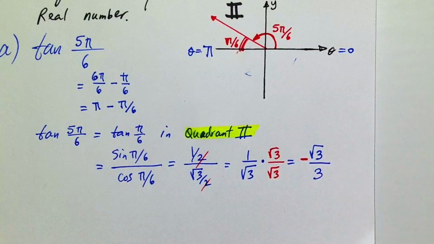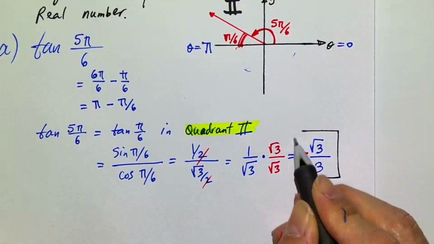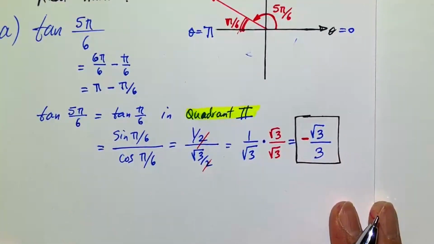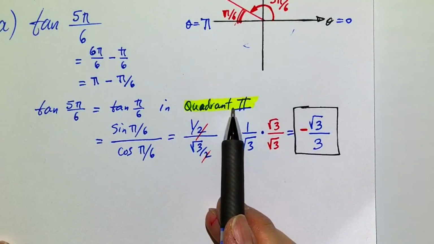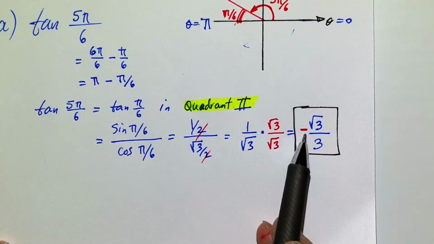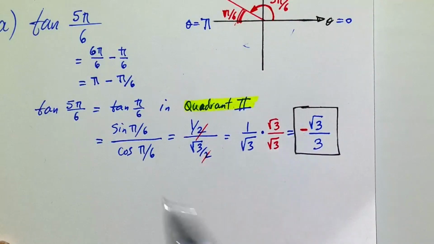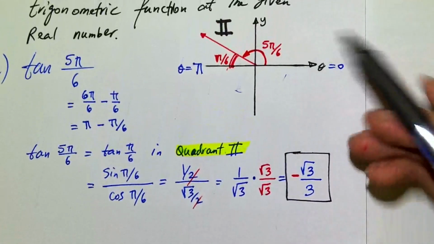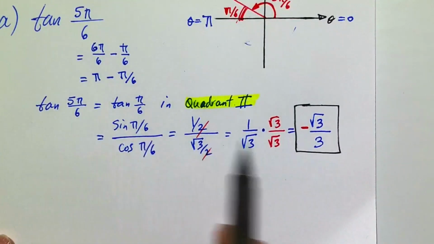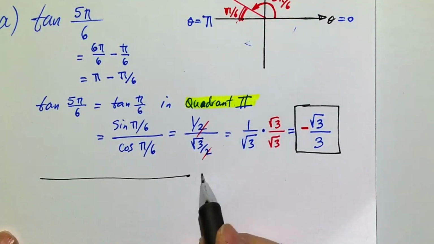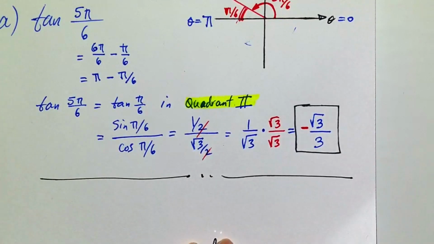So the answer is negative square root of 3 over 3. Okay? Which quadrant we are in is very important because that determines the sign. If we were in the first quadrant, that would be positive. But we're in the second quadrant, where tangent is negative.